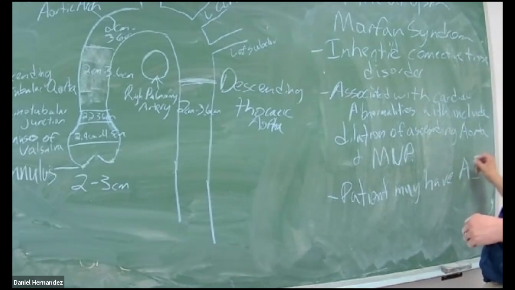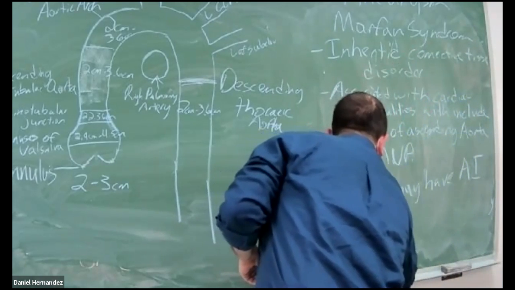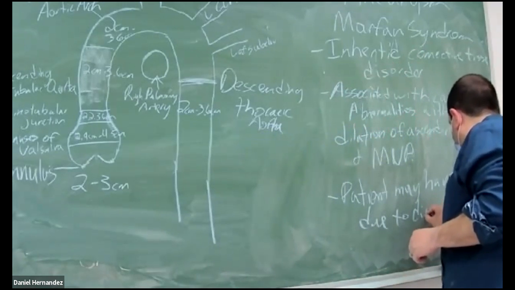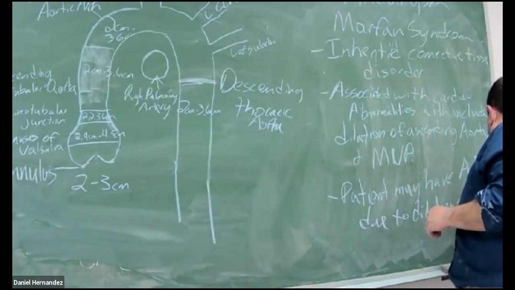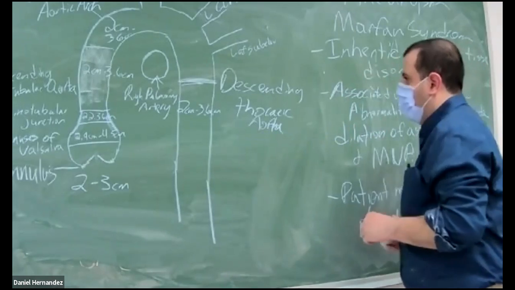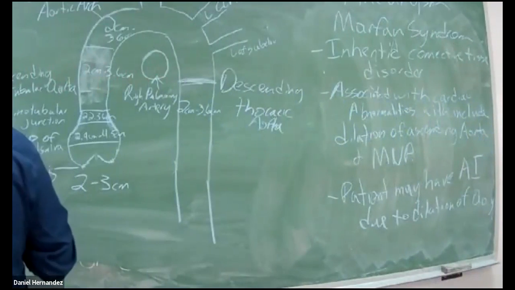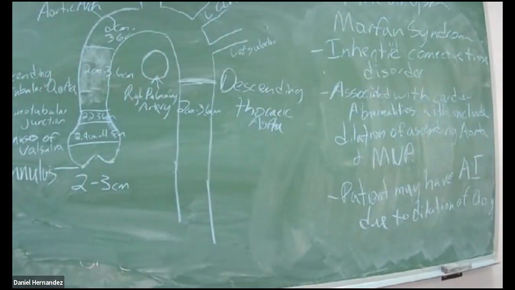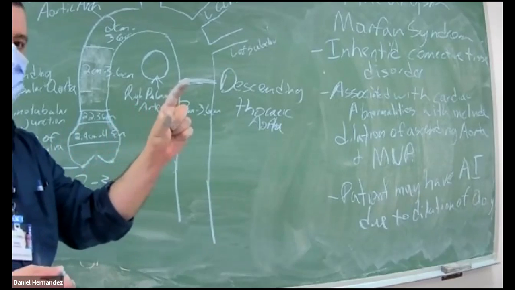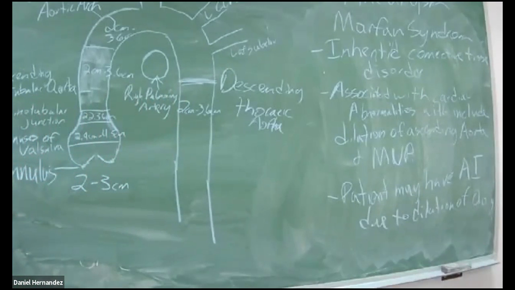The reason is that as we get dilatation of the proximal ascending aorta and the sinuses of Valsalva, it also starts to pull apart the annulus, so you don't get proper coaptation of the aortic valve leaflets, and you wind up with regurgitation as a result of that dilatation.